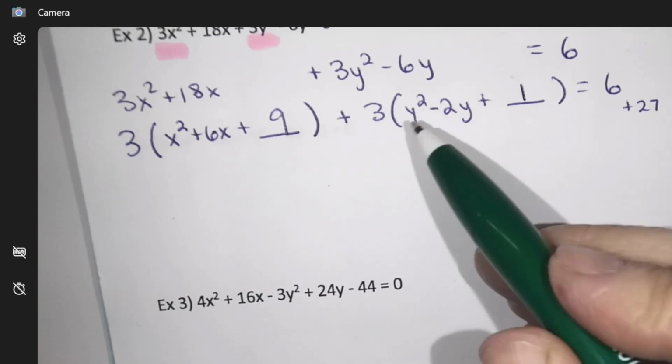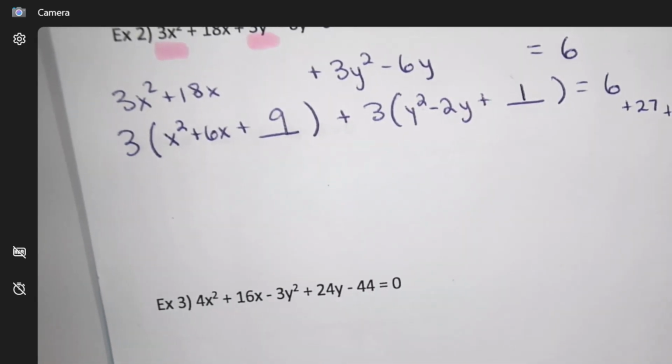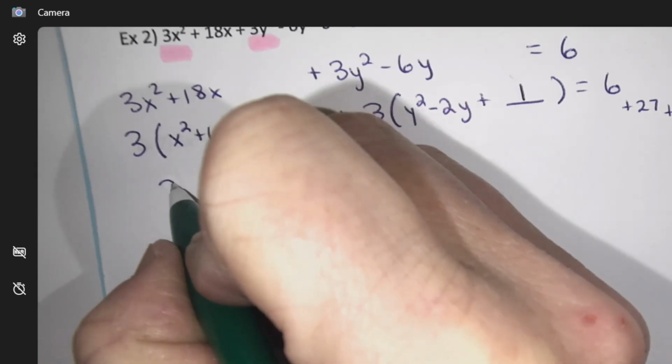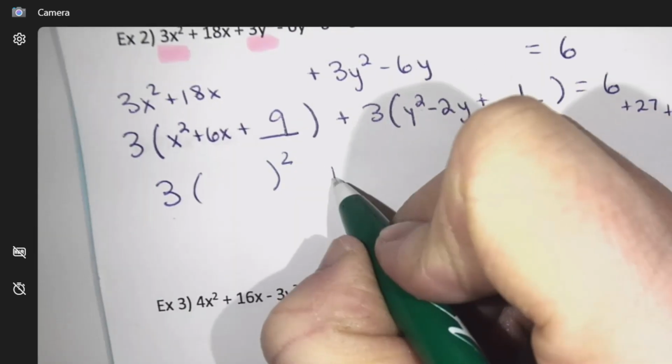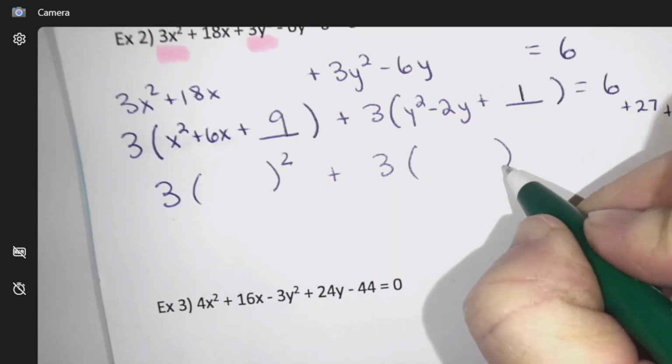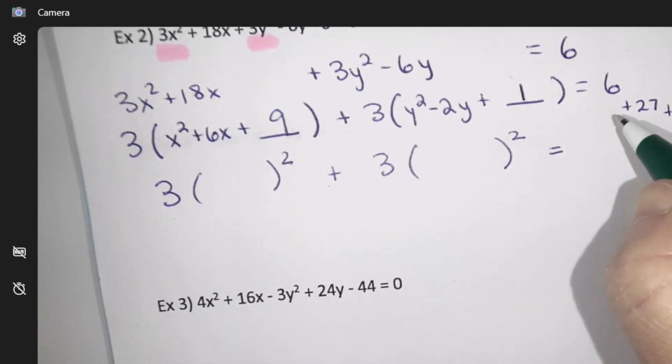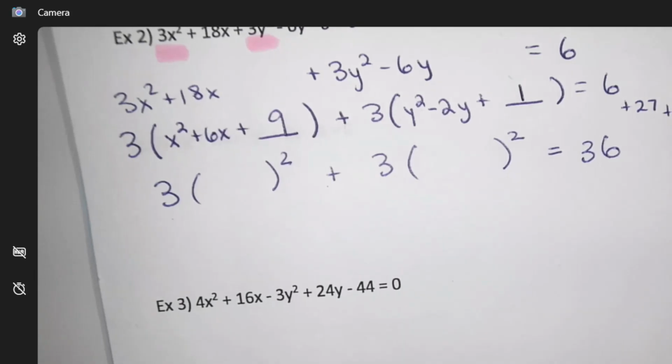Half squared is 1. To balance that out, I need to do add 3. Okay, so we're going to go 3 brackets perfect square plus 3 brackets perfect square equals 36.